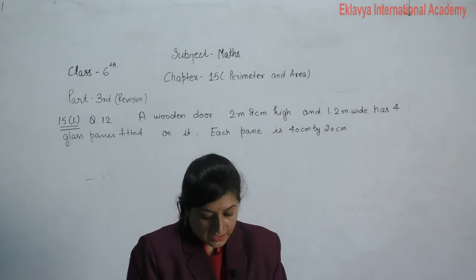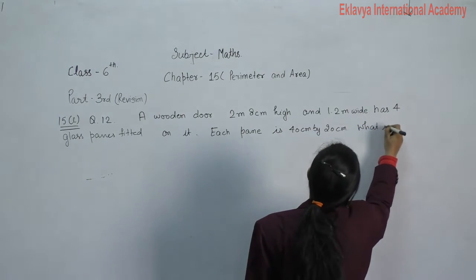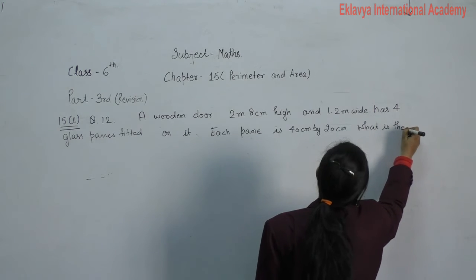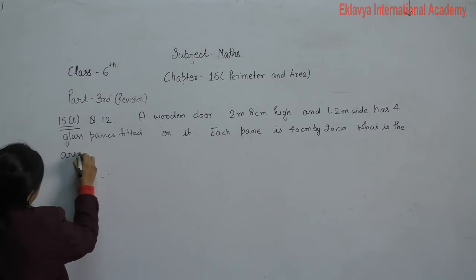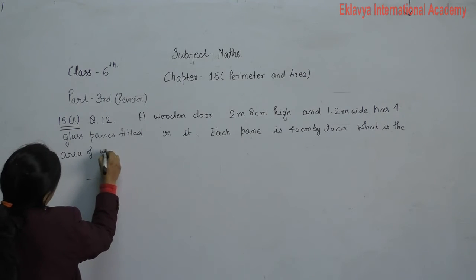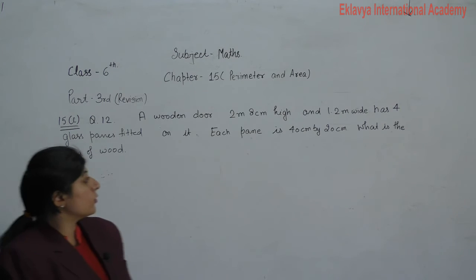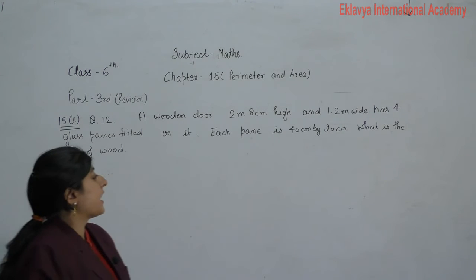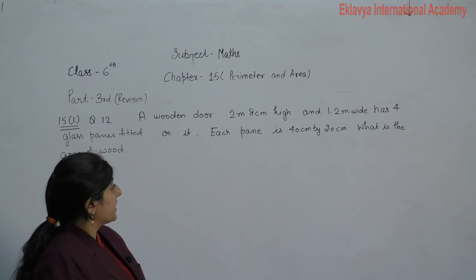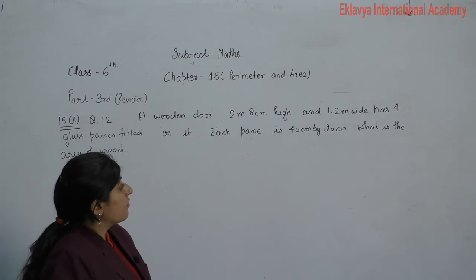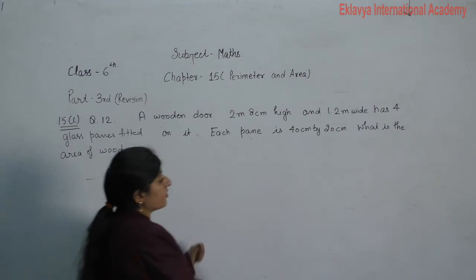What is the area of the wood? A wooden door 2 meter 8 centimeter high and 1.2 meter wide has 4 glass panes fitted on it. Each pane is 40 centimeter by 20 centimeter. What is the area of wood?